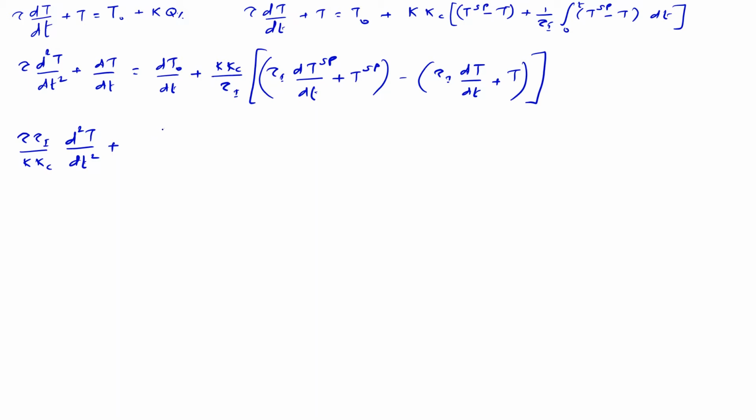Tau I by KKc into 1, so it will be, I think, 1 plus KKc. Just see if this is correct.